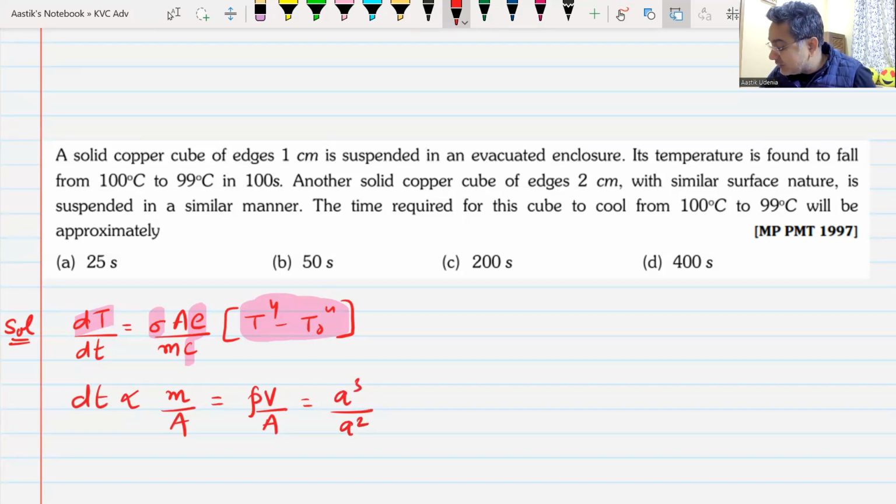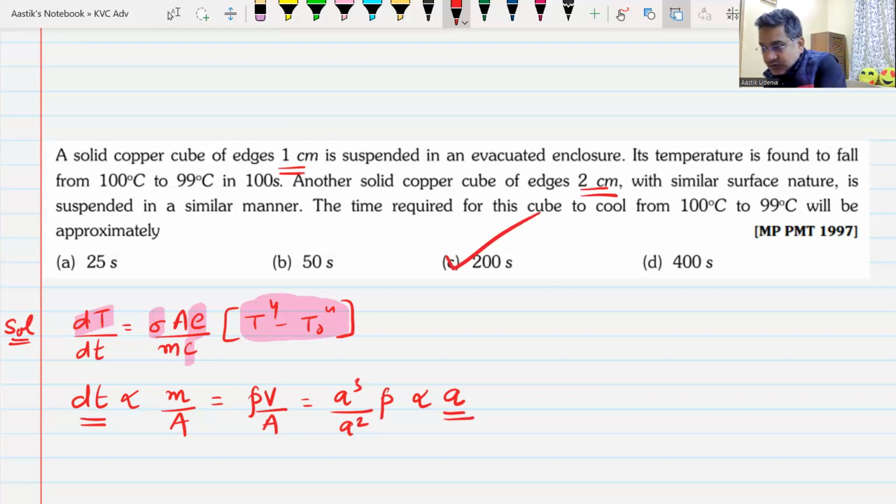I can write it as a multiplied by density. So you can see that the time taken will be directly proportional to the edge length of the cube. Edge length of the cube from 1 centimeter has become 2 centimeters. Therefore, the correct answer is 200.